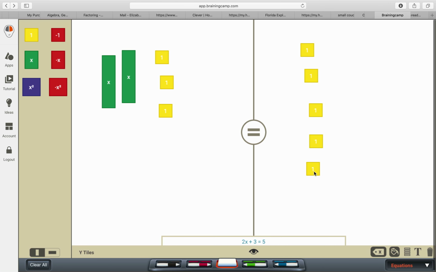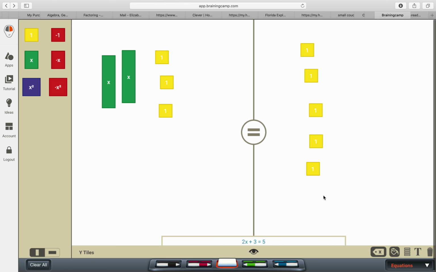Okay, so now we have 2x plus 3 equals 5. Notice that our statement is down here, but here we have algebra tiles that represent that equation. So 2 x's plus 3 units equals 5 units.